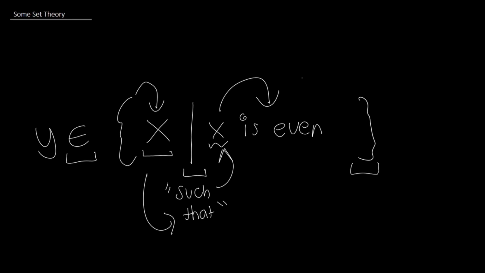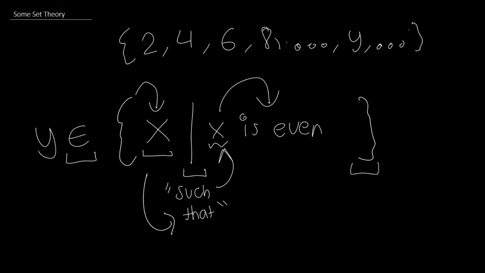So y is part of the set. The set is a set of mathematical objects which are even, so let's try to draw that out for visualization purposes. So somewhere along the lines, y is there, which means that it is an actual number.